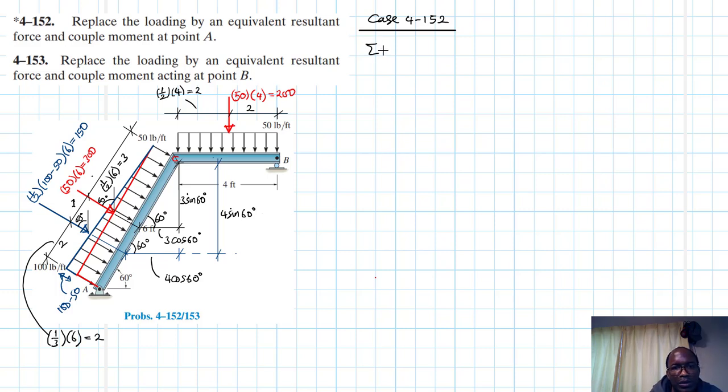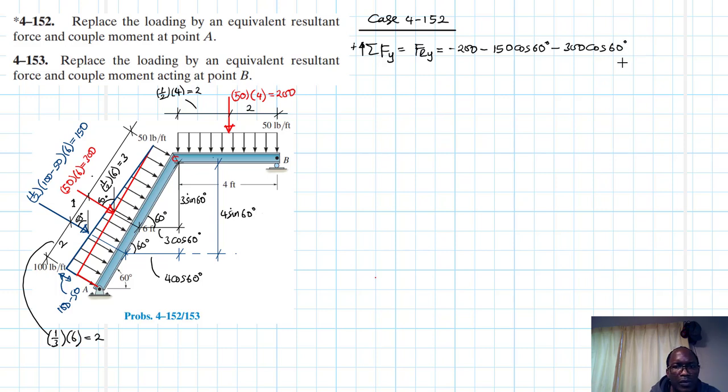So the summation of forces in the y, going up in our reference, is going to be equal to our resultant force in the y, FRy, equal to minus 200, and then 150 will have a component which will be minus 150 cos 60, and then 300 will also have a component which will be minus 300 cos 60.